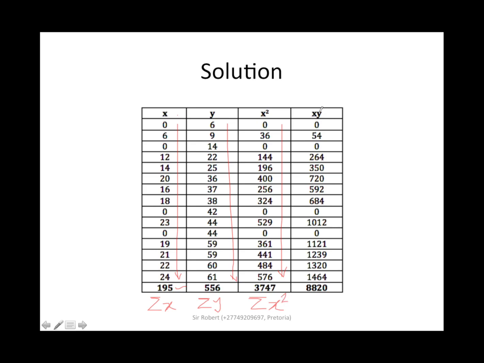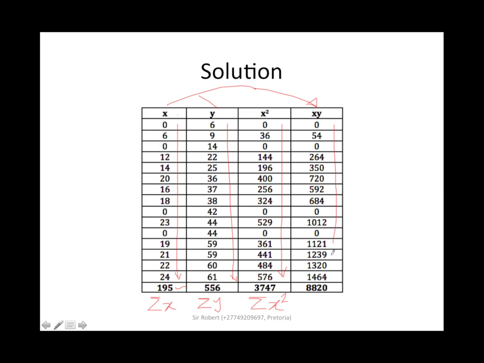The fourth column is your product of xy, so it's x times y. You multiply these two, x times y, in order to get this one. So 0 times 6 is 0, 6 times 9 is 54, 0 times 14 is 0, 12 times 22 is 264, forgive me for that.